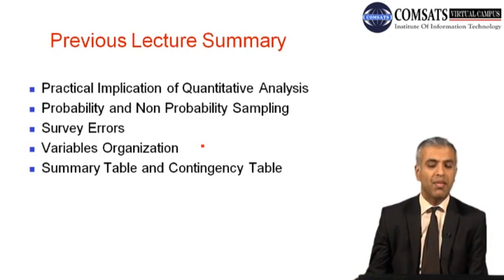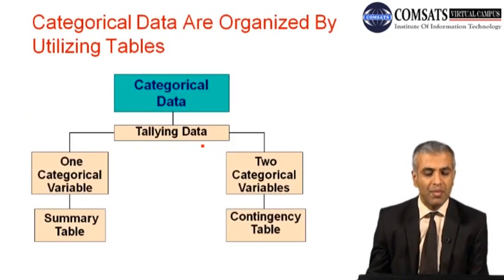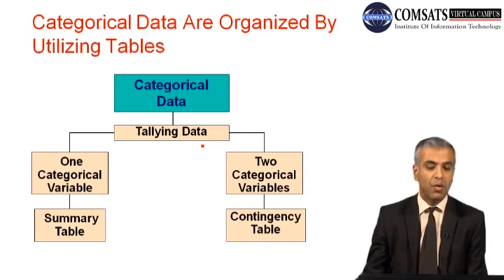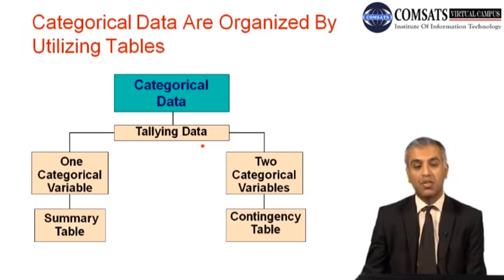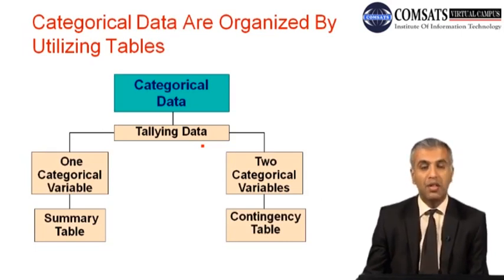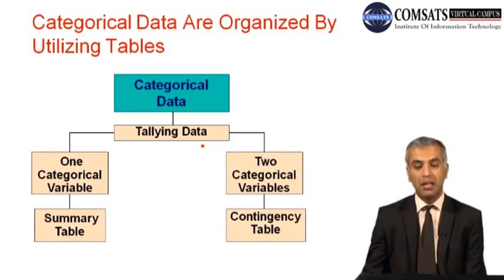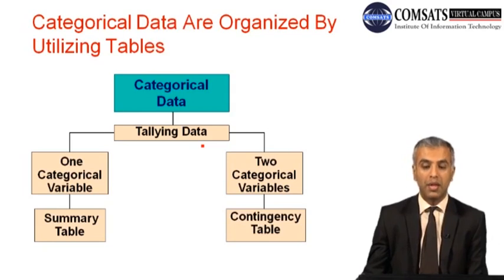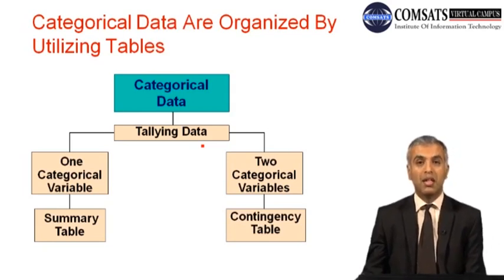So now this was one of the diagrams which we discussed before, and as we know, a summary table is used to represent one categorical variable and a contingency table is used to represent two categorical variables.